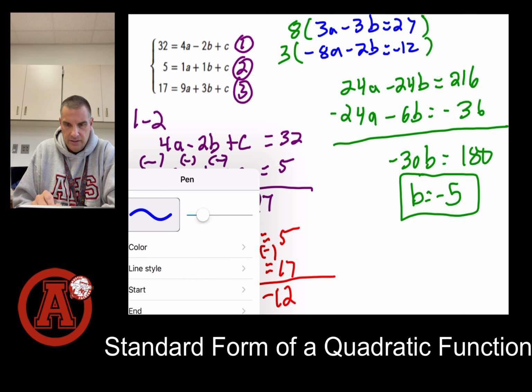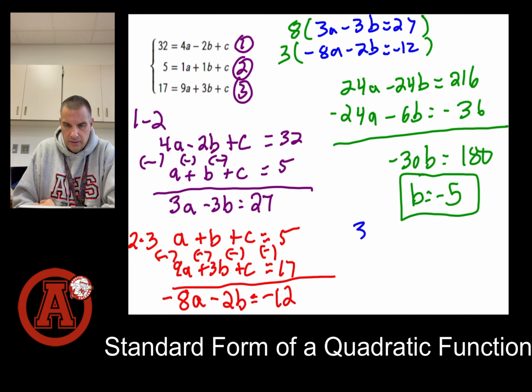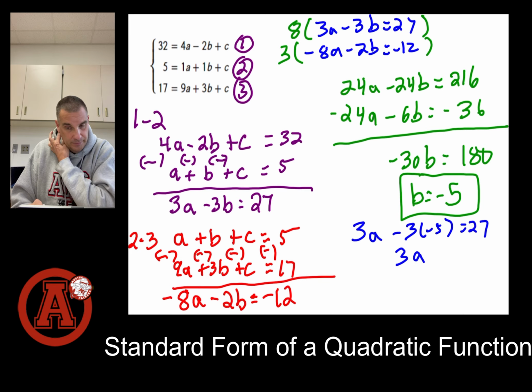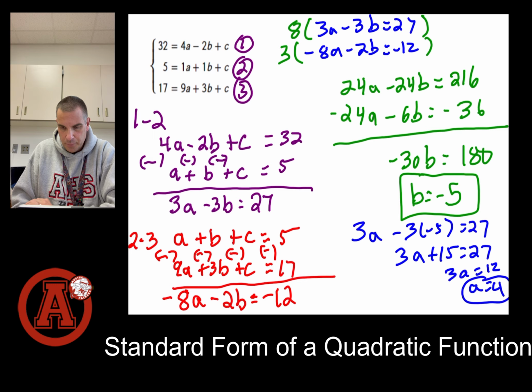It doesn't matter. I'm going to go ahead and go with 3a minus 3 times negative 5 equals 27. So 3a plus 15 equals 27. 3a equals 12. a equals 4. So there's my a value.